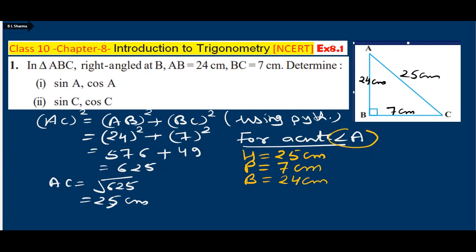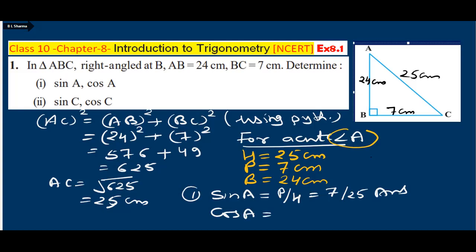Now we know sine A. Sine A is perpendicular upon hypotenuse. So that is 7 upon 25, answer. And cos A is base upon hypotenuse, means cos is the ratio of base and hypotenuse.